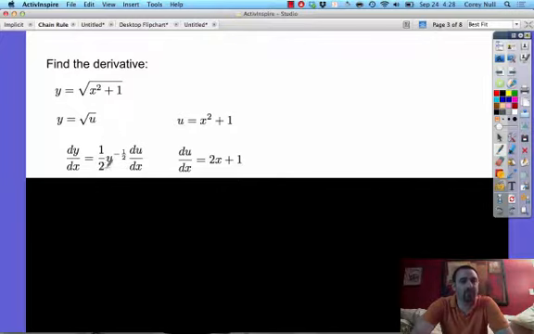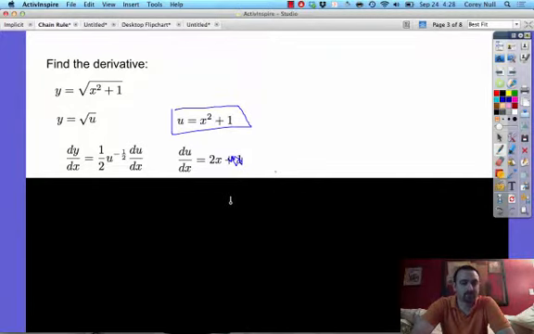But the chain rule says we must multiply by the derivative of whatever u is. Now u is x squared plus 1, the inside function. The derivative of the inside function is 2x. Oh, I made a mistake there when I prepared these.